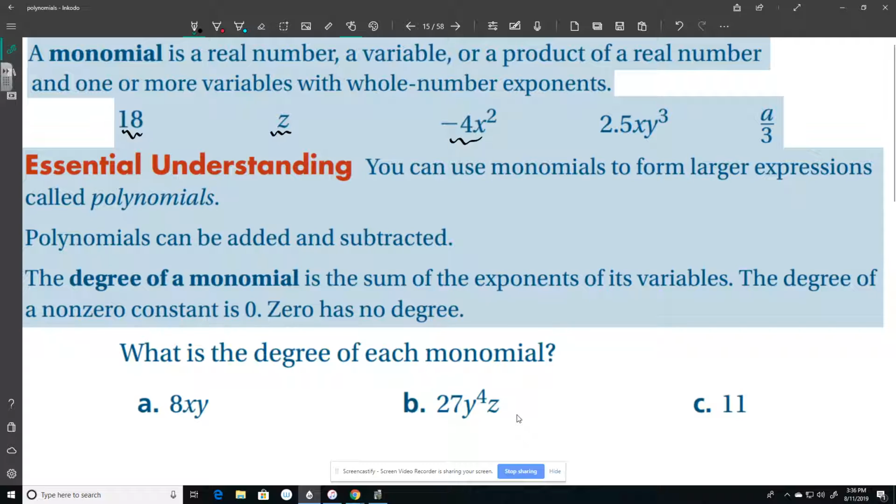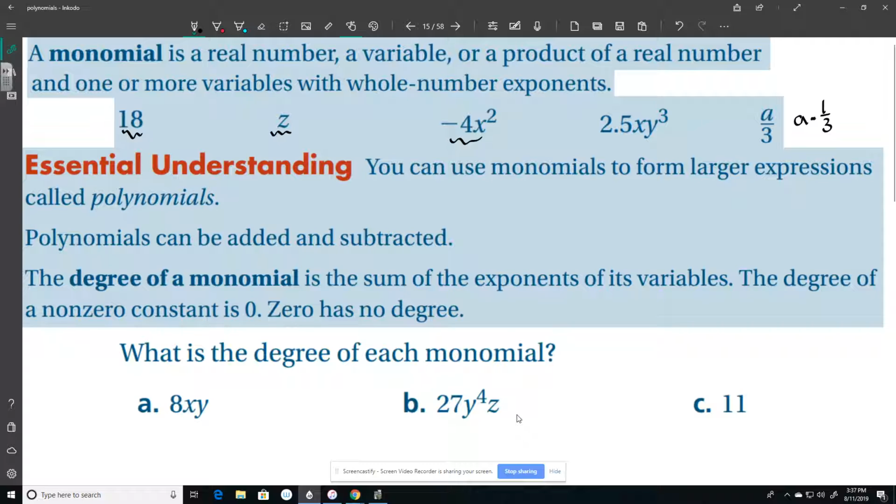That's a monomial. 2.5xy cubed, everything's being multiplied, our exponents are whole numbers. That's a monomial. A over 3 is technically a multiplied by 1/3, which everything's being multiplied.